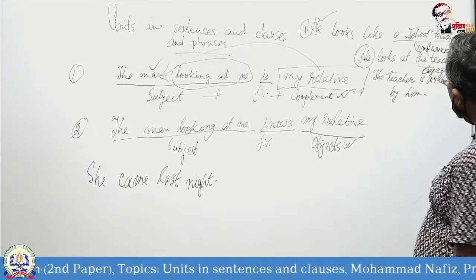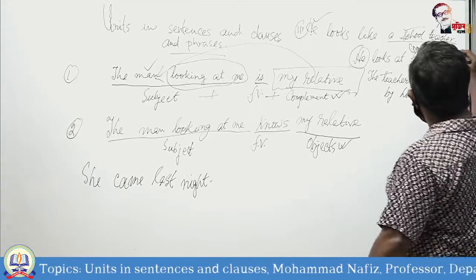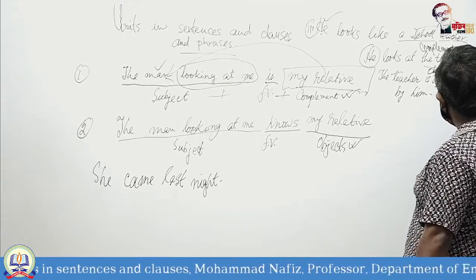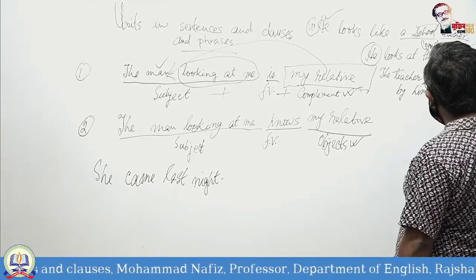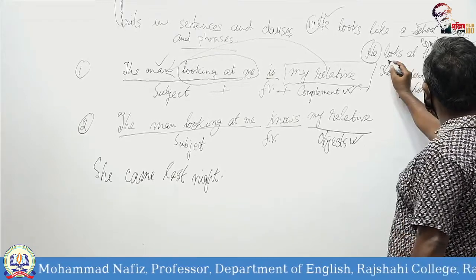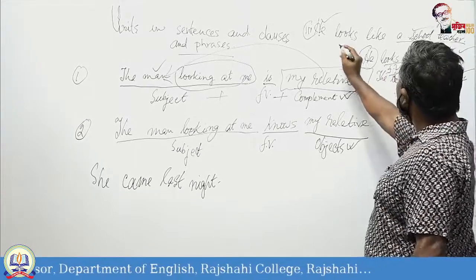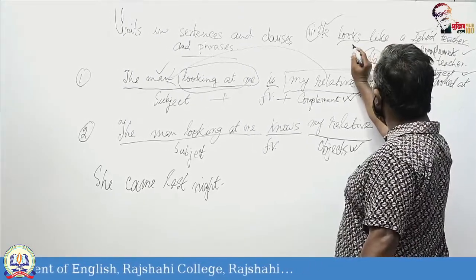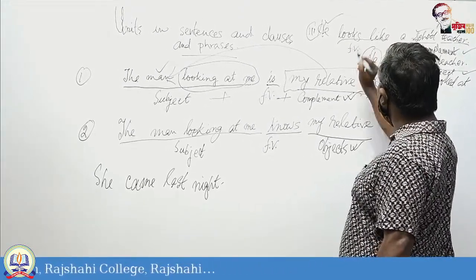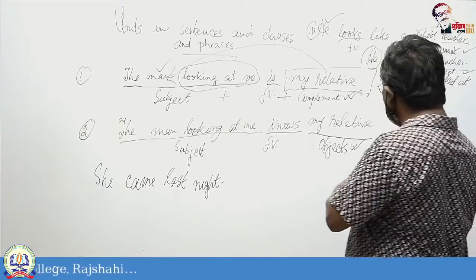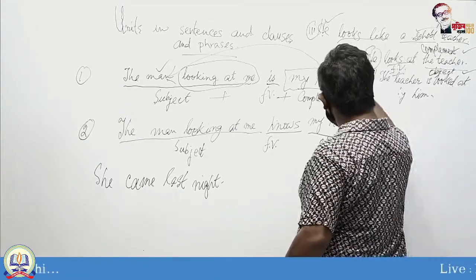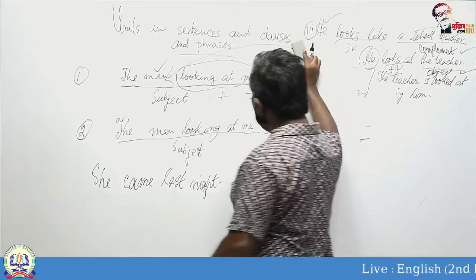Is it that we have only complements and objects after the finite verb? No. Looks at is a finite verb. Similarly, looks like is also a finite verb. We have some other units in a sentence as well.